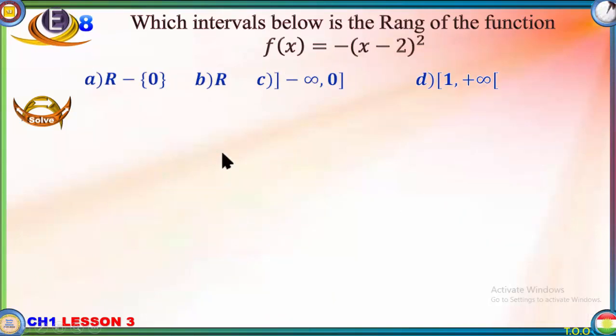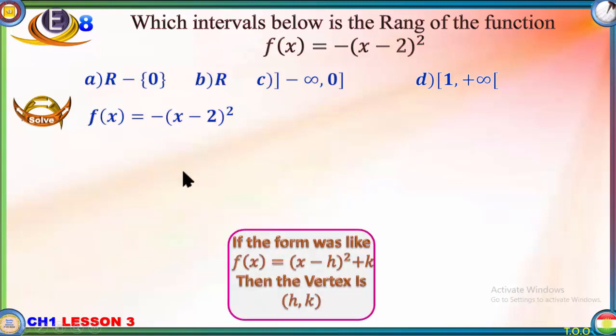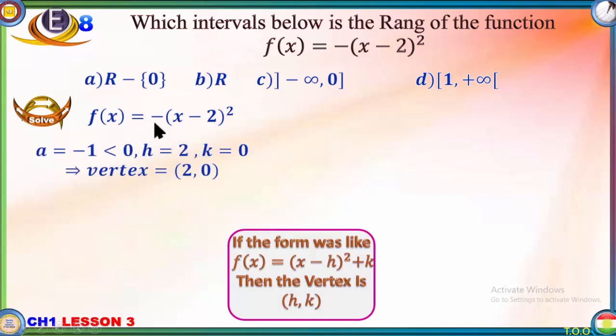Example number 8. Which interval below is the range of the function f of x equals minus (x minus 2) squared? Comparing with f of x equals a(x minus h) squared plus k, you can see that a is minus 1, less than 0, that means negative.